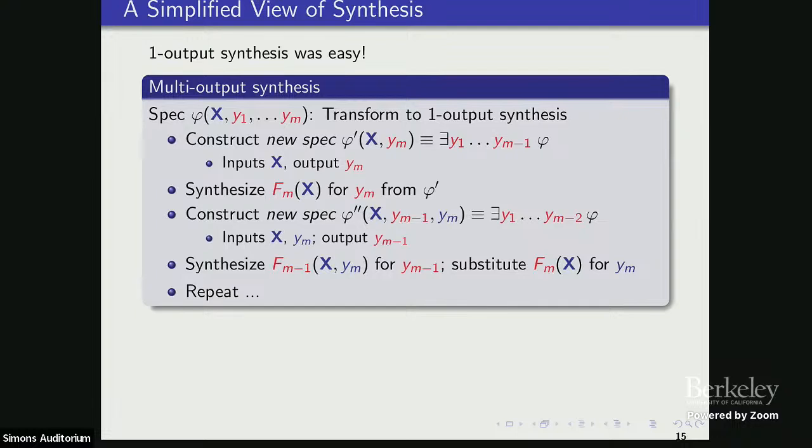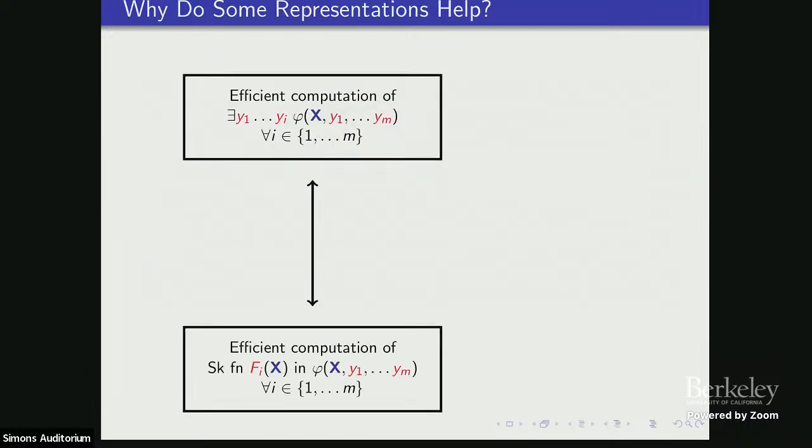And in fact, this shows the connection between synthesis and existential quantification, which is elucidated over here: if I can do efficient computation of this quantifier elimination problem... Here, this is not a SAT problem, because I'm not eliminating all the variables and coming up with a true or false answer, a 0 or 1 answer. I'm eliminating part of them, and I'm eliminating them in a sequence.